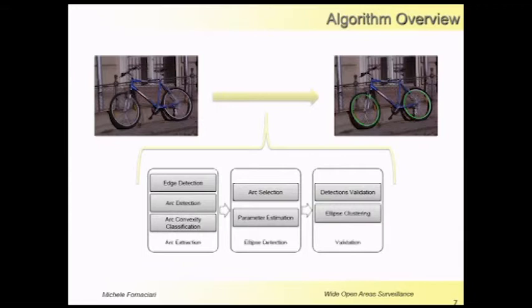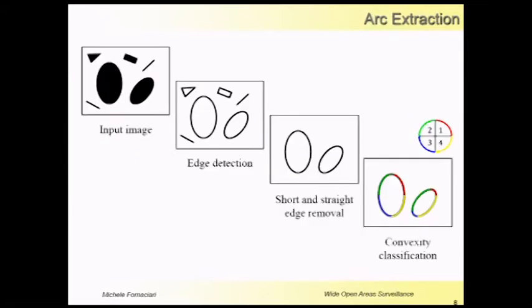My approach can be divided in 3 steps. In the first step, I extract the arcs, which are the features I will use later. An arc can be seen as a portion of the boundary of the ellipse. Then, using a selected group of arcs, I can estimate the parameters of my ellipse, and then I need to do some validation and some clustering.